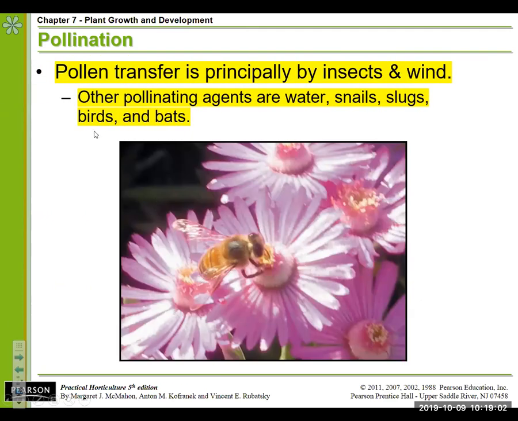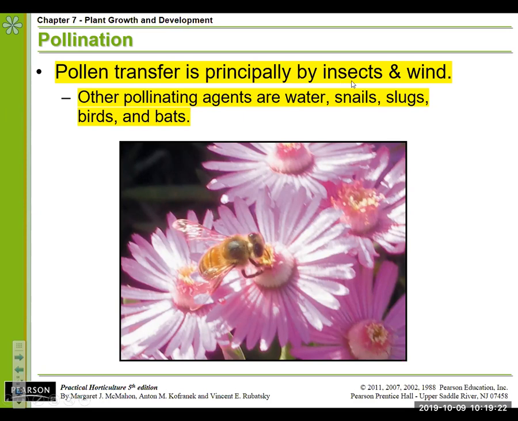So when we have cross-pollination, that generally occurs as a result either from insects. In some cases we have other animals that can do it, like birds and bats. In some cases maybe even snails and slugs. Or wind is the other big cross-pollinator.